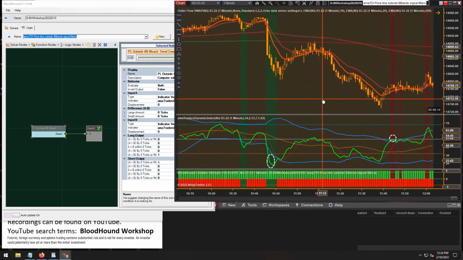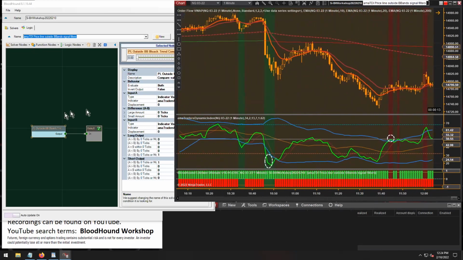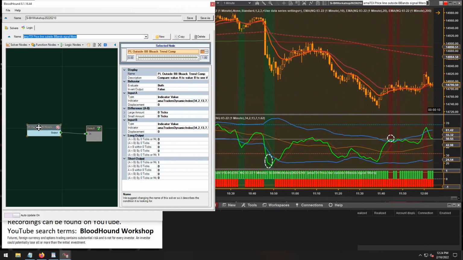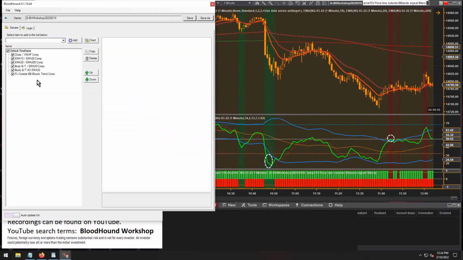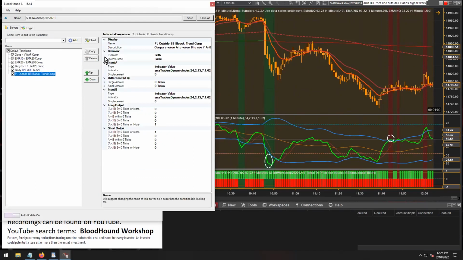Okay. So now I need to build the block all signals. All right, so let me take a shortcut. I'm going to go to the Solvers tab and make a copy of that existing comparison solver.